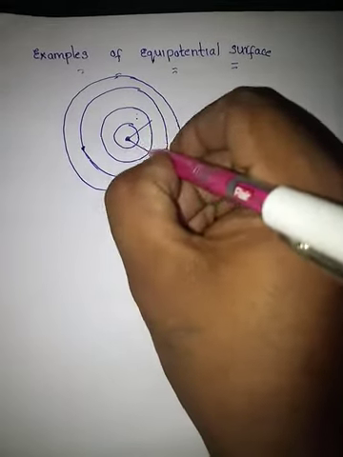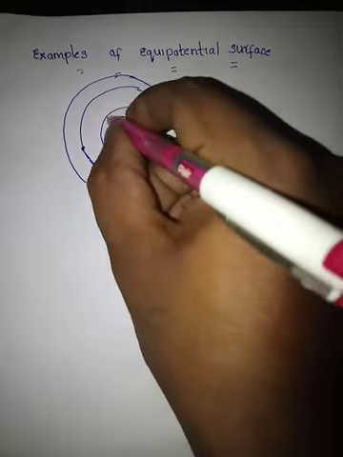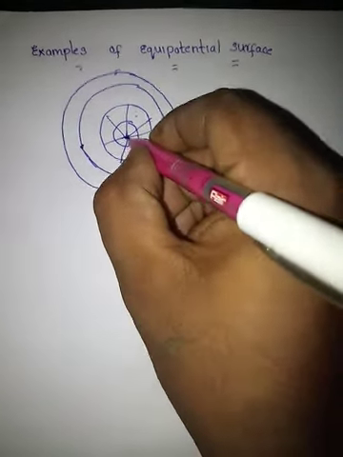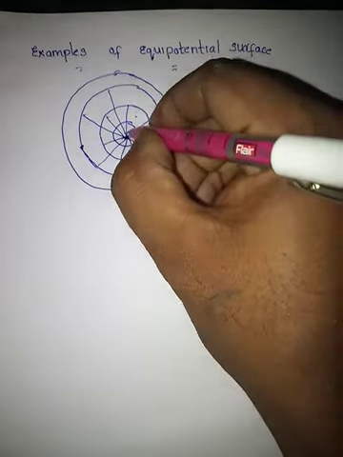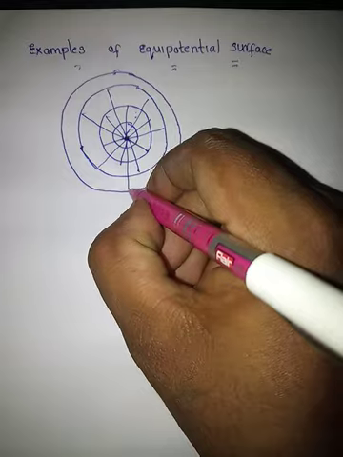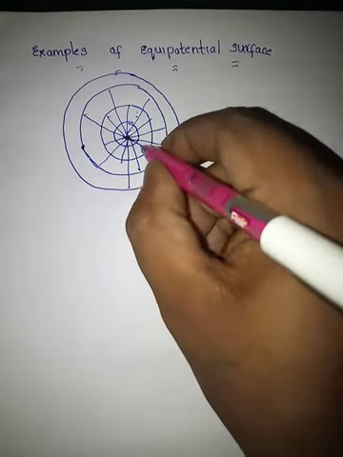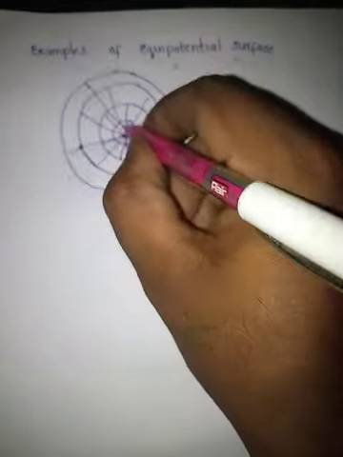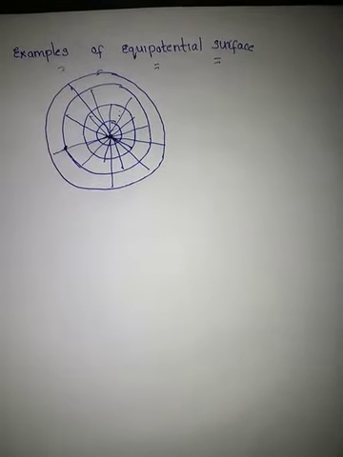See, the electric lines of force are moving in all directions. Now whatever the work done to bring the charge from one point to another point is the same. So like this, from wherever to wherever you bring the charge, the potential on the surface will be the same.